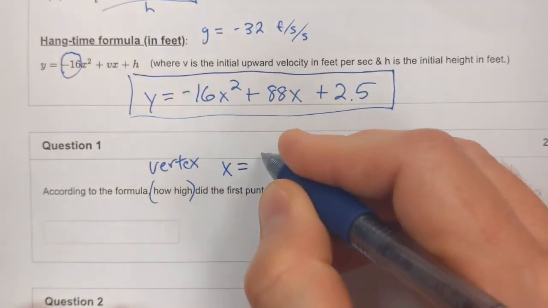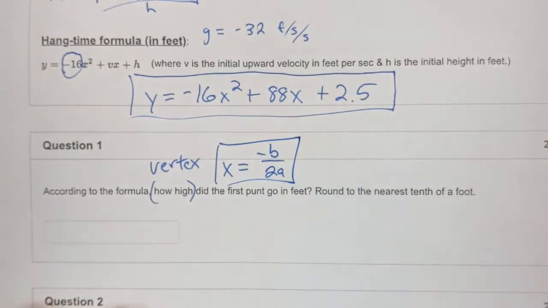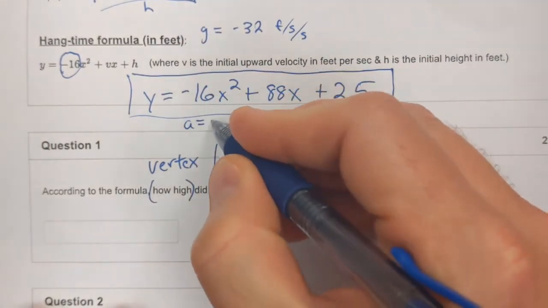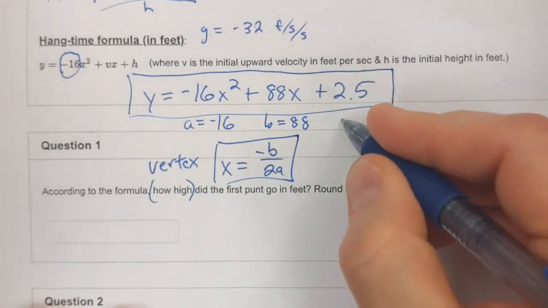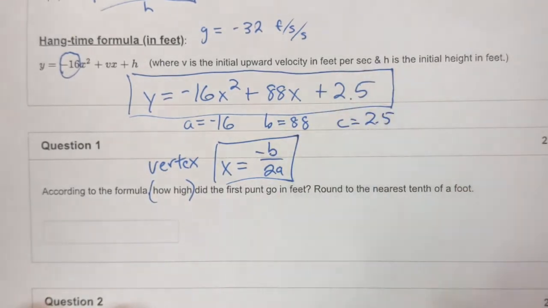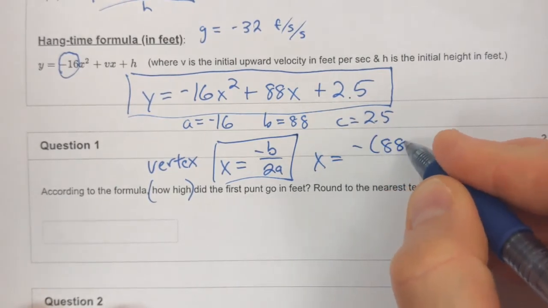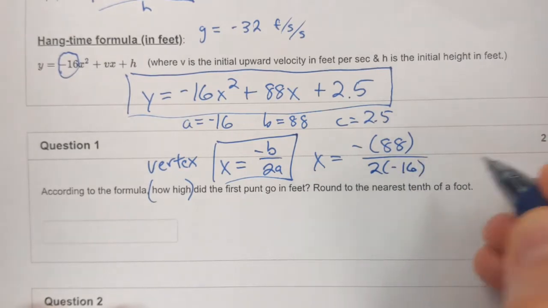We learned the vertex formula in our last lesson: x equals negative b over 2a. Here are our values. We have that a is negative 16, b is 88, c is 2.5. So let's plug in. For x, we're going to do the opposite of 88 over 2 times negative 16.